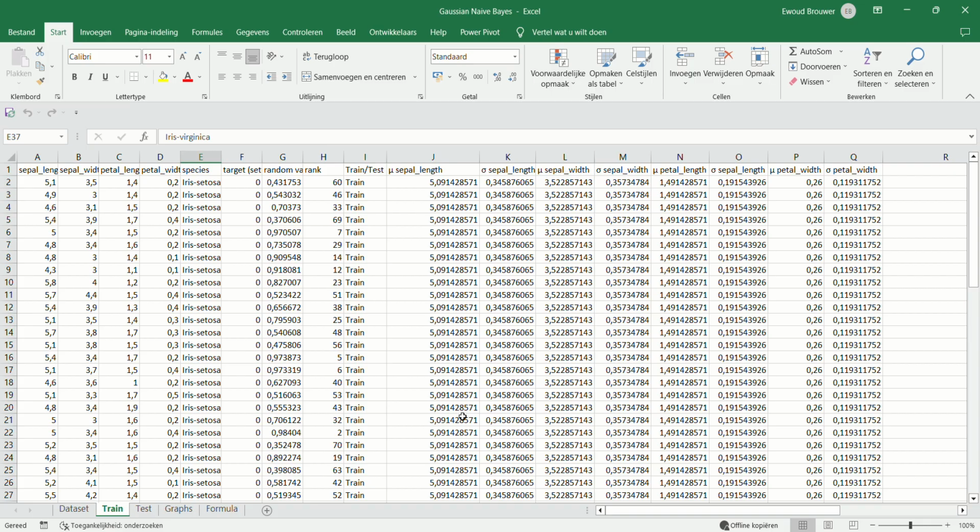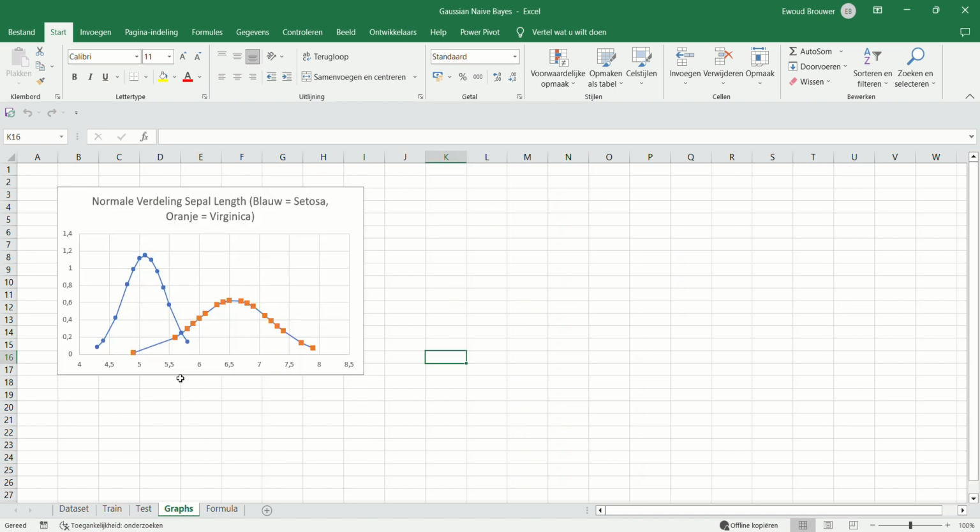The next thing is to calculate the likelihood, or the y-axis point in the normal density function. So this is a normal function for the sepal length.